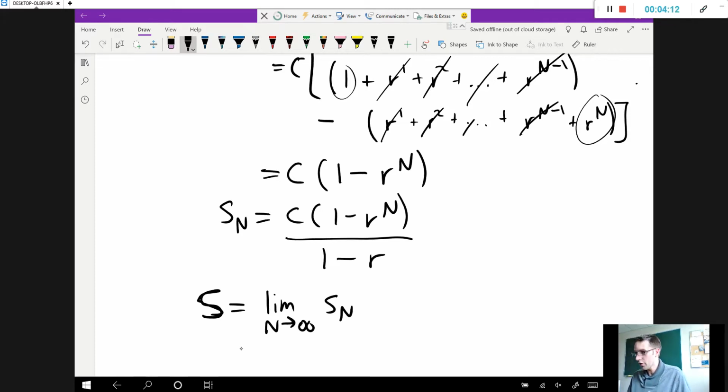Meaning if I want to figure out what happens when I add up an infinite number of things, I can take that finite number of things, Sn, and I can just keep adding more and more terms and let the number of terms go to infinity. So if we could evaluate this limit, we could figure out exactly what the sum is going to be.